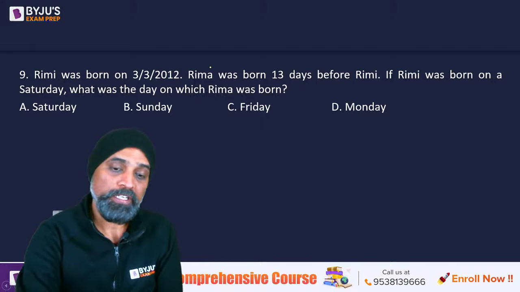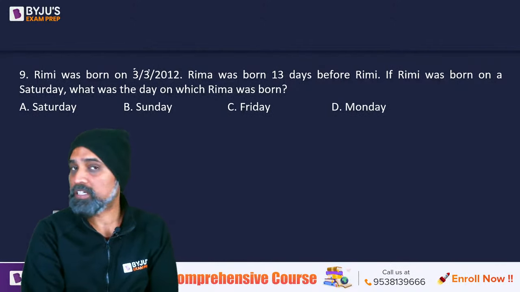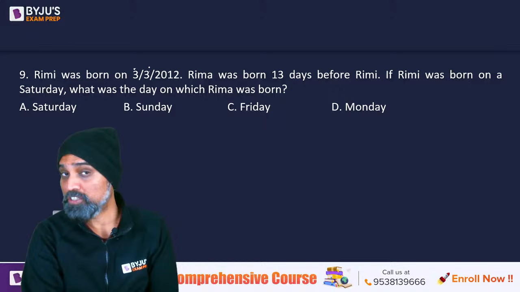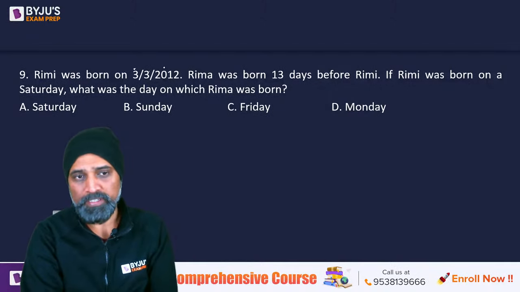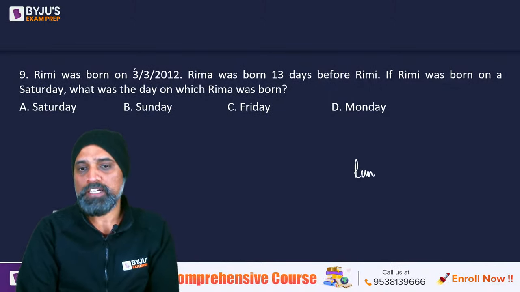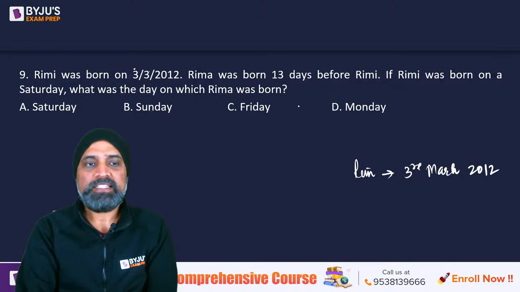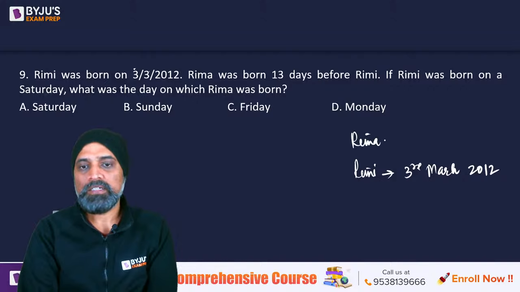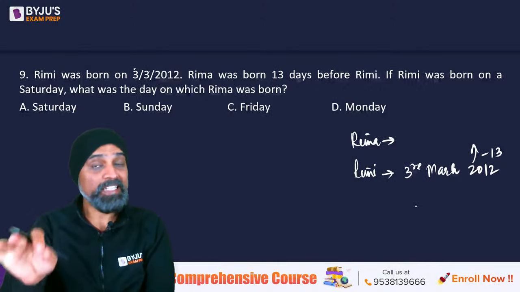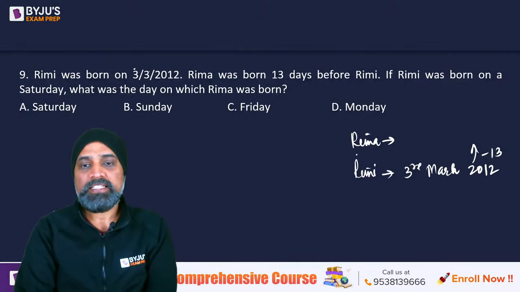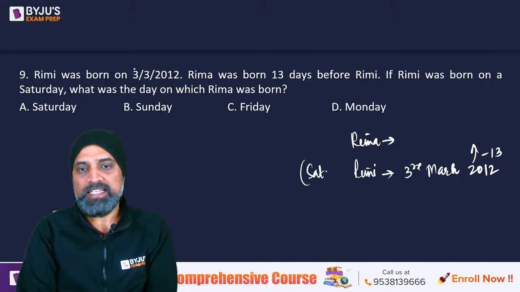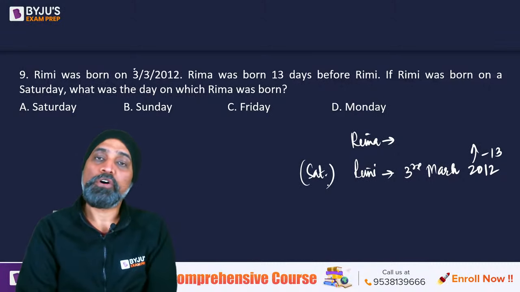We don't have to worry about that, because whether we say March 3rd or 3rd March, it makes no difference. So Rimi was born on 3rd of March, 2012. Then Rima was born 13 days before Rimi. We don't need the date. If Rimi was born on a Saturday, then Rima was born on which day?